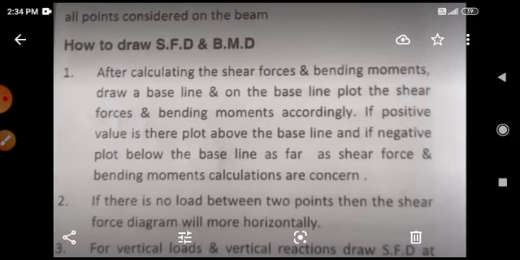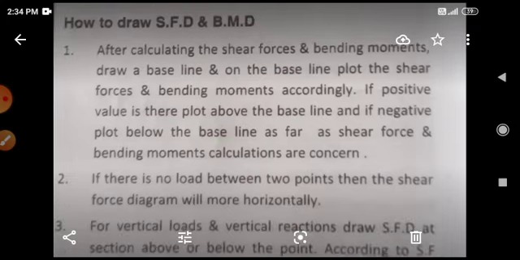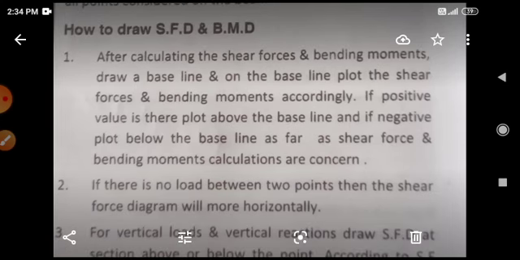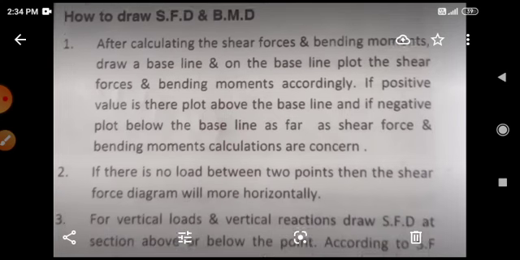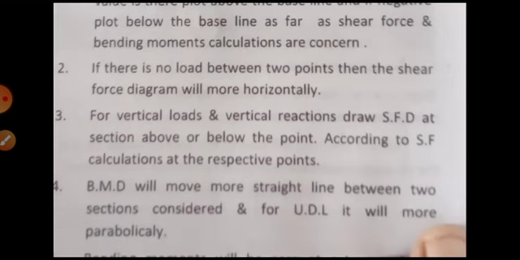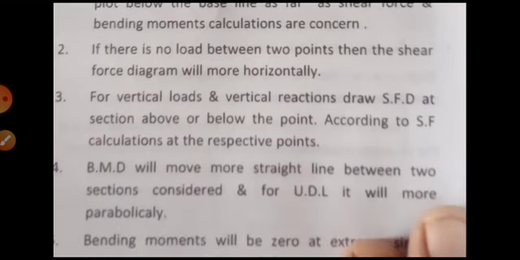How to draw SFD and BMD? After calculating the shear forces and bending moments, draw the baseline, and on the baseline plot the shear forces and bending moments accordingly. If a positive value is there, plot above the baseline, and if a negative value is there, then plot below. If there is no load between two points, then the shear force diagram will be horizontal.